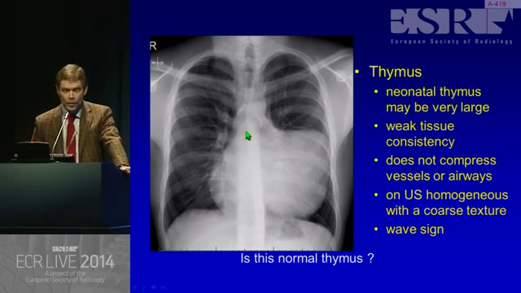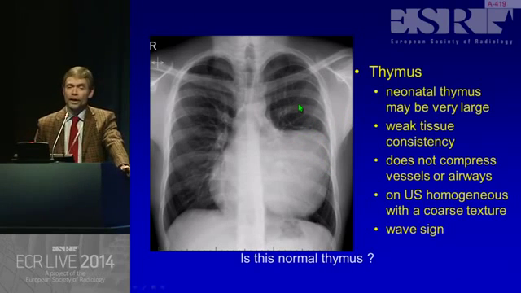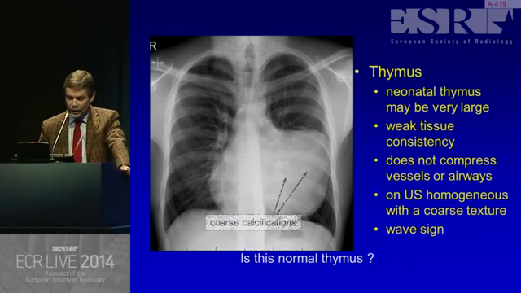Is this normal thymus? It's at the same position. I don't see the wave sign. It's an older child. And if you take a very close look on the left side, behind the heart or behind the mass or inside the mass, you can see some coarse calcifications.